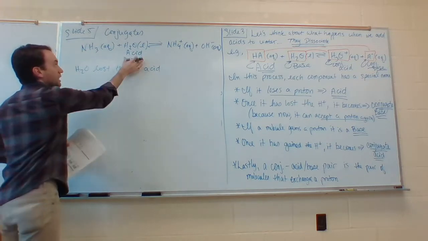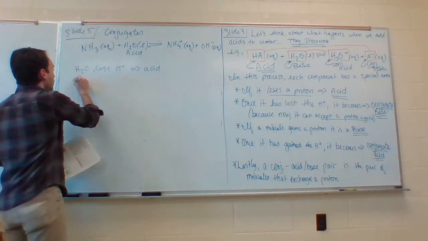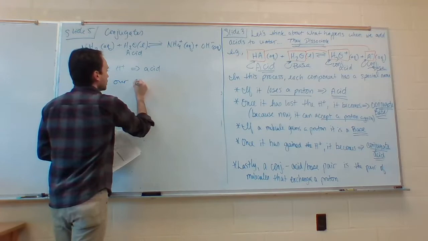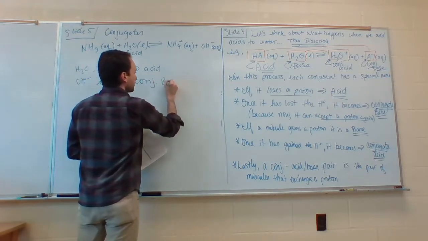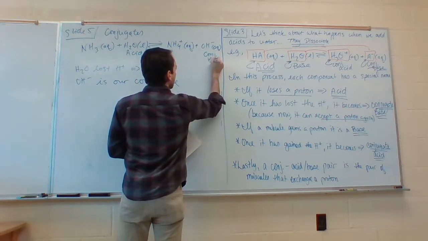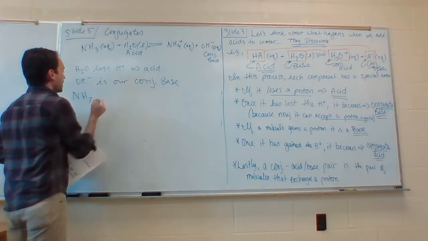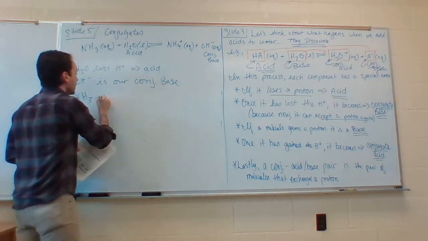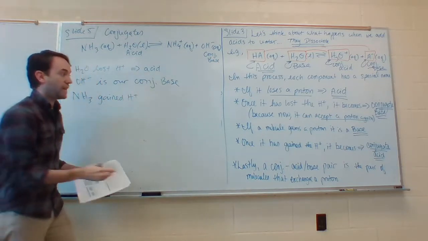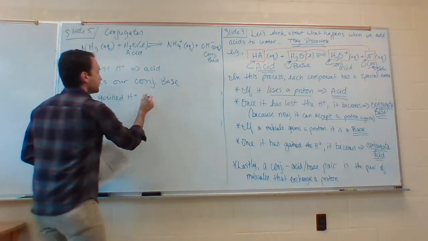Since it lost the proton, it became OH minus, which means that OH minus is our conjugate base. Now we can look at our NH3. We saw that NH3 gained a proton, it gained an H plus. So if it gained an H plus, it makes it a base.